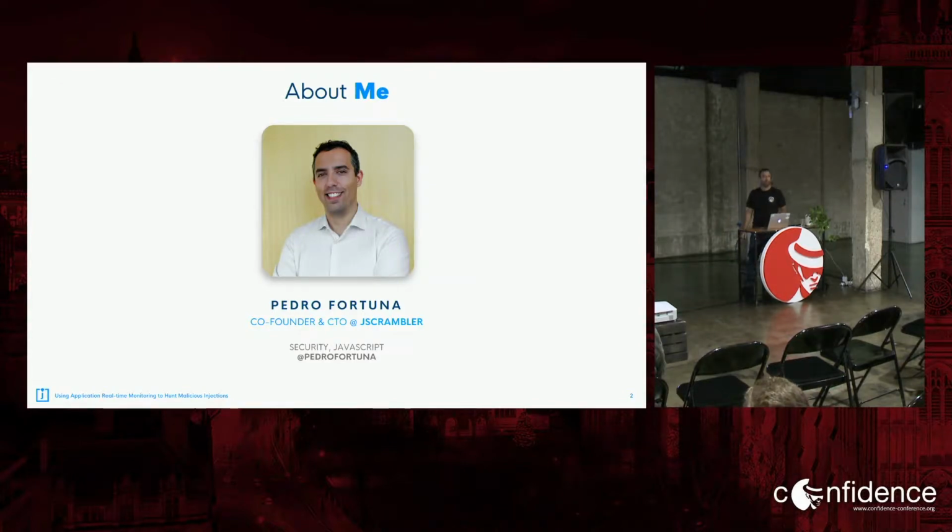So before that, a little bit about me. I'm Pedro Fortuna, founder and CTO of JScrambler. Presently, I mostly work in application security, mostly around JavaScript and JavaScript code protection.